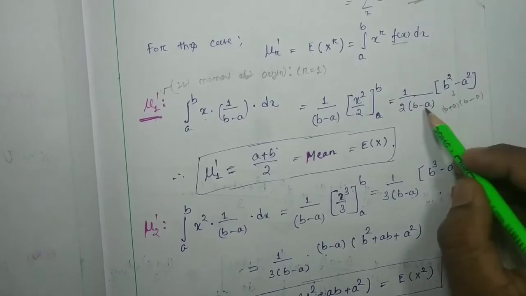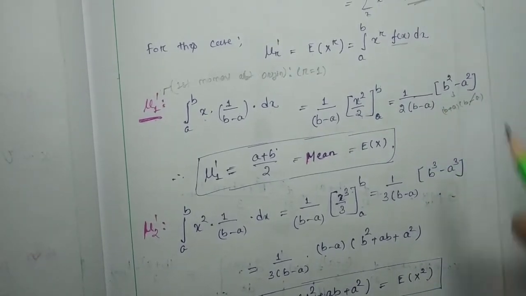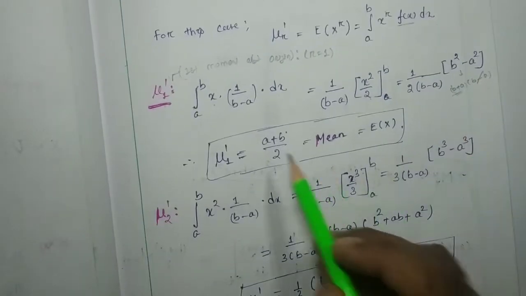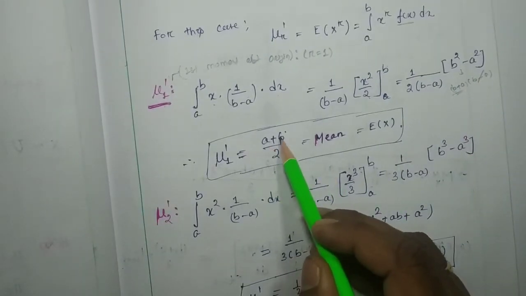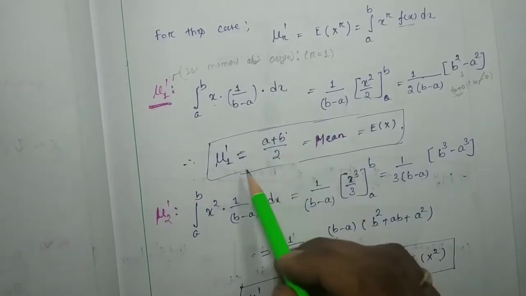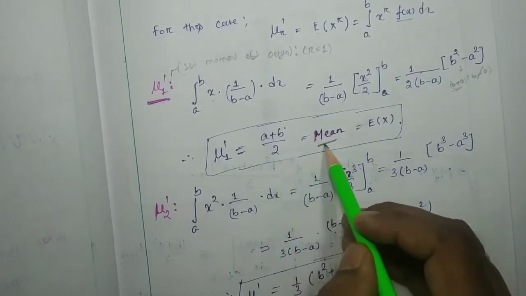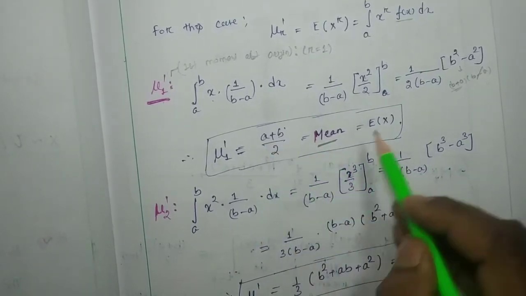Already in the denominator b minus a is there, so b minus a got cancelled, and we found a plus b by 2. This first moment about the origin is nothing but your mean, right? So here we found the mean equal to a plus b by 2, or expectation of x.